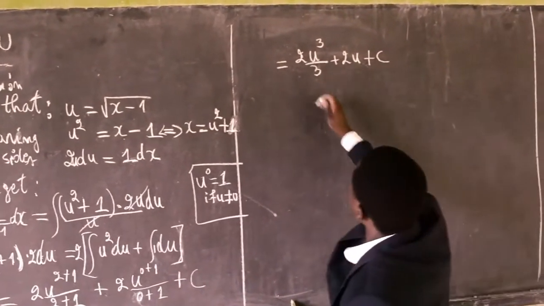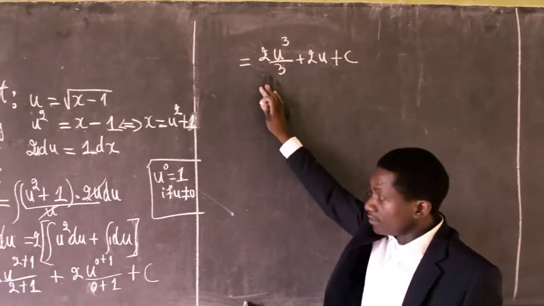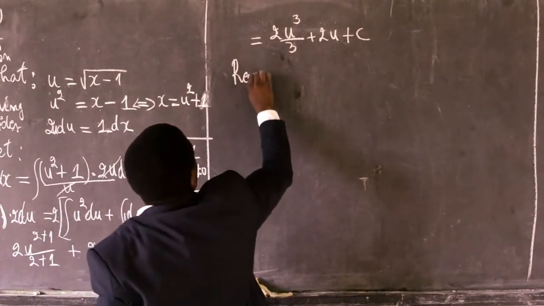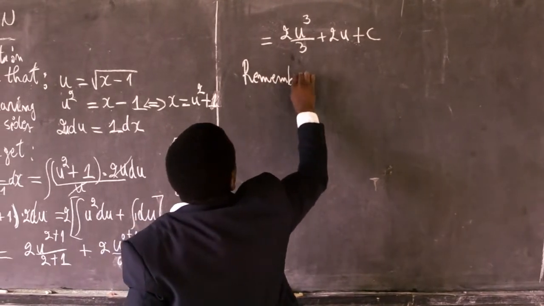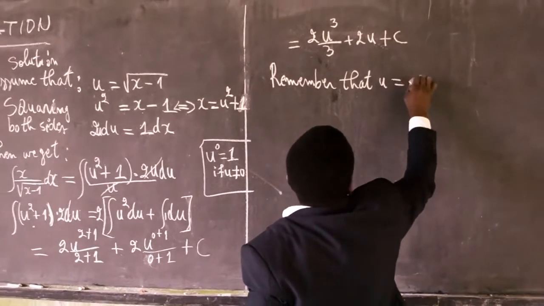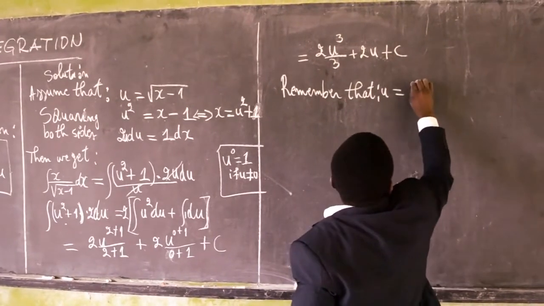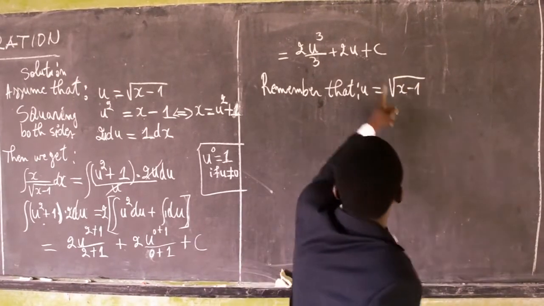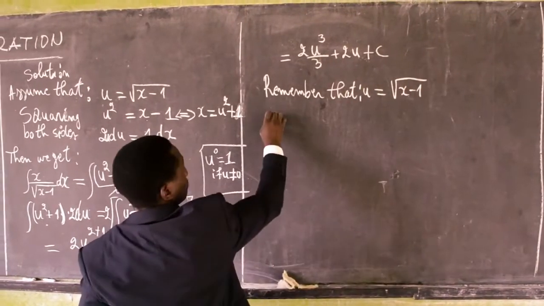Then here we need to replace u by its value. We need to remember that u equals square root of x minus 1. Then we need to replace u by its value.